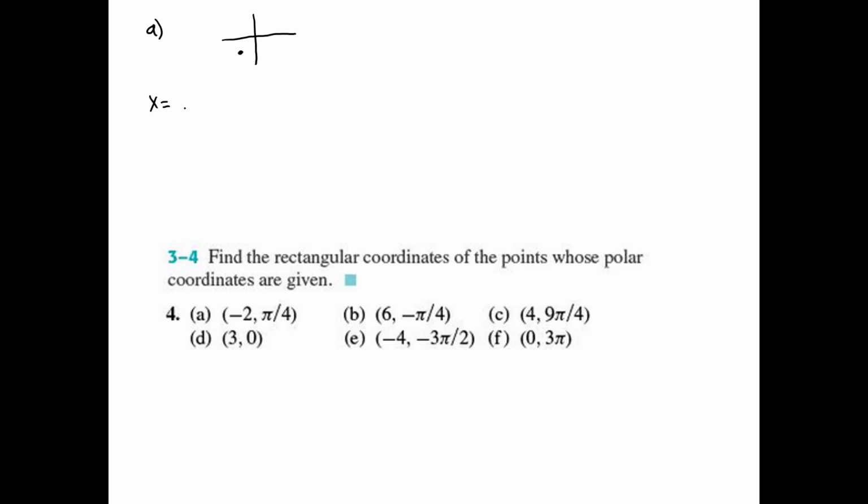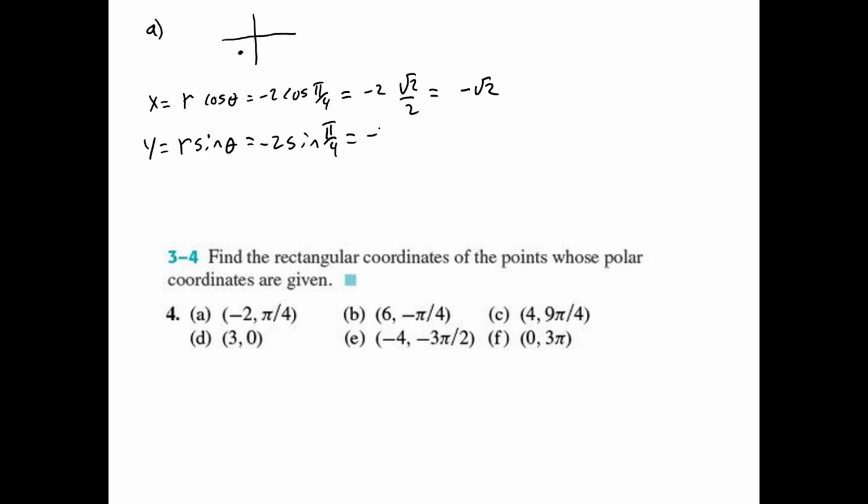Well, x is equal to r cosine theta, which is -2 times the cosine of pi over 4, which is -2 times square root of 2 over 2, which is -√2. And y is equal to r sine theta, which is -2 times the sine of pi over 4, which is -2 times the square root of 2 over 2, which is -√2. And those coordinates match my rough picture there.